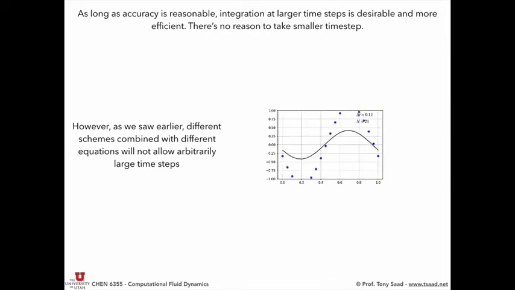So if this is the solution at a given time, then an unstable solution is just going to look like this, where these points are just going to blow up. What about a solution that over time follows kind of this line but looks like this?